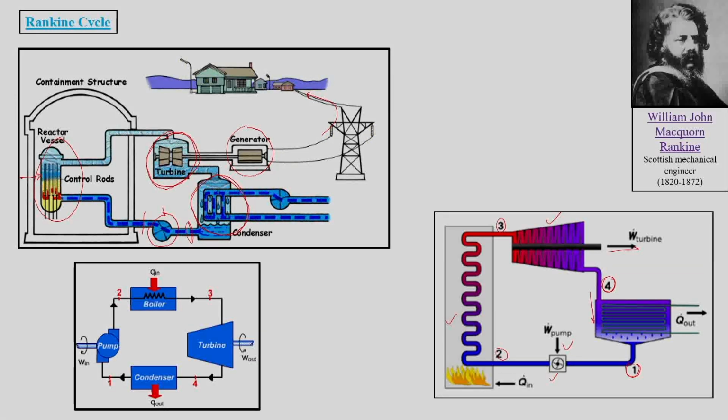The first is the pumping process, which is isentropic compression, the second is isobaric heat addition, the third is isentropic expansion, and the fourth is isobaric heat rejection. So, these are the 4 processes.